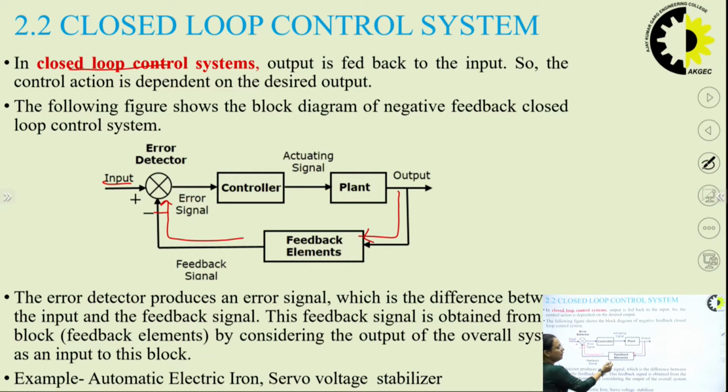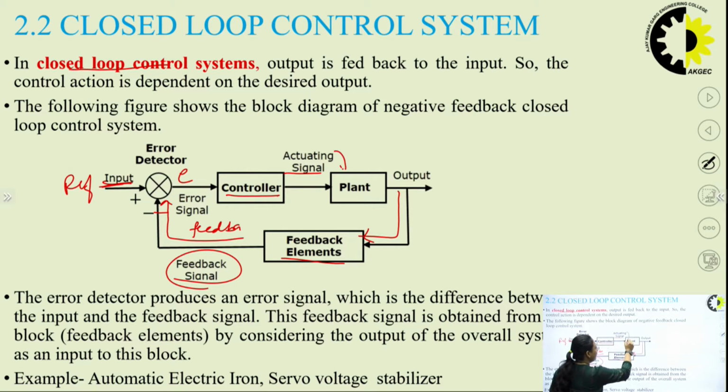The feedback element will produce a feedback signal which is compared with the reference input to generate an error. This error goes to the controller. It modifies the error and generates an actuating signal, and this actuating signal will be the input to the plant or process which is to be controlled, and finally it will produce the output.